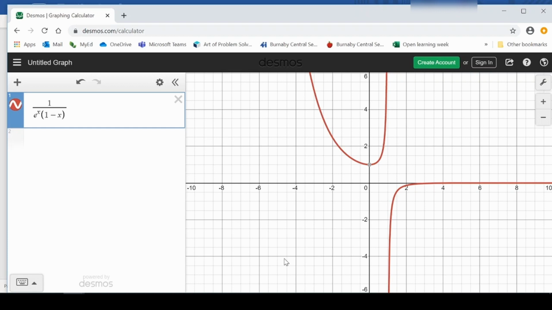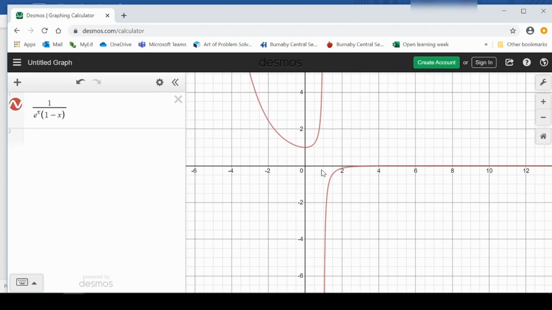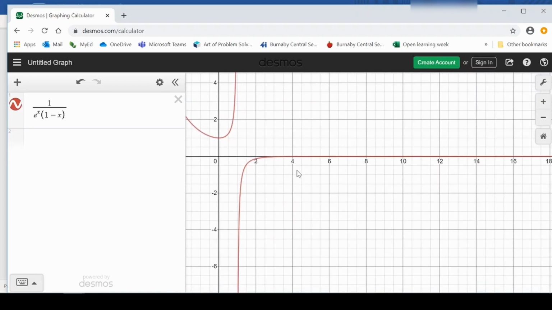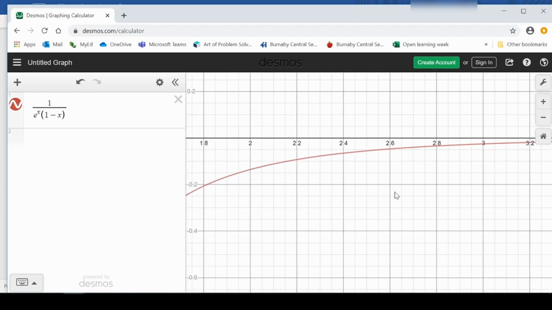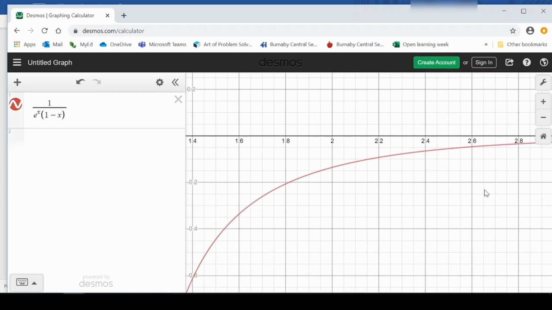Okay, so this is what it looks like. So you can see you've got two pieces. Your one piece on the left, your minimum value is y is 1. So this piece on the left here is y must be greater than or equal to 1. And on the right, you can see that this thing, it looks like it's at 0, but if you zoom in, you'll see that it's not. It's approaching 0. Okay. So we've got two pieces here.